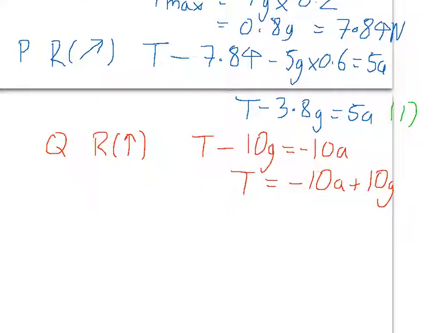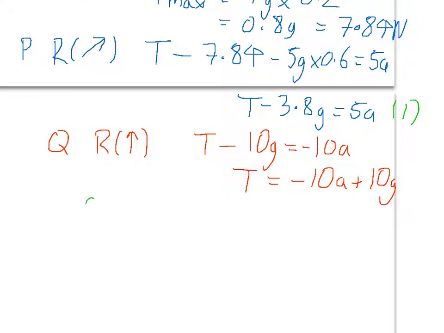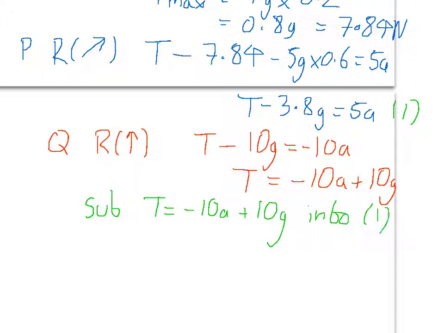So sub T equals minus 10A plus 10g into number 1. So you get minus 10A plus 10g minus 3.8g is equal to 5A.